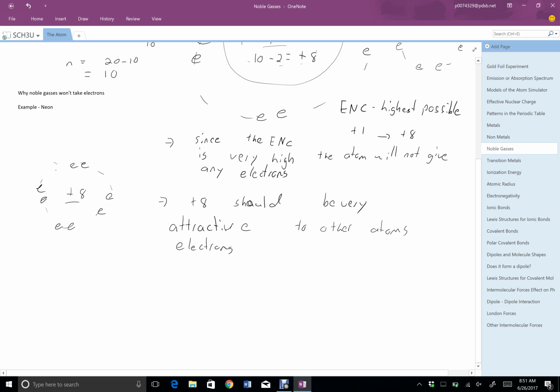And that seems pretty reasonable. And so you might assume that it would steal electrons from other atoms, and that's how it would react. But there's a problem.